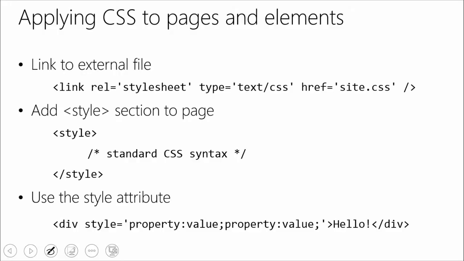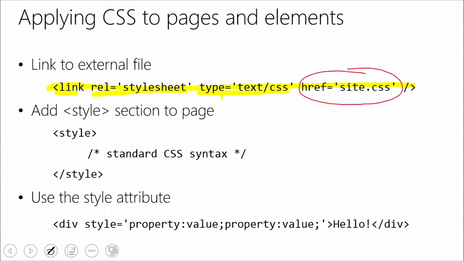As it turns out, there are 3 different ways that you can apply a style sheet or style to a page or to an element. The first way, and generally speaking the preferred way, is to link to it. You'll notice that it's a link, rel equals stylesheet, type equals text/css, and then wherever that reference happens to be.